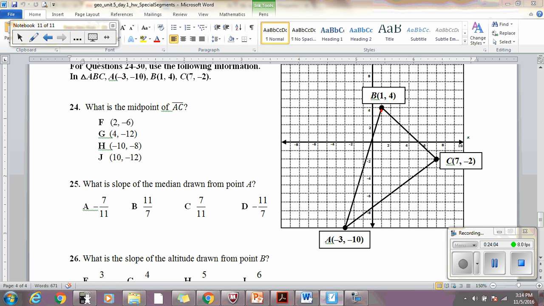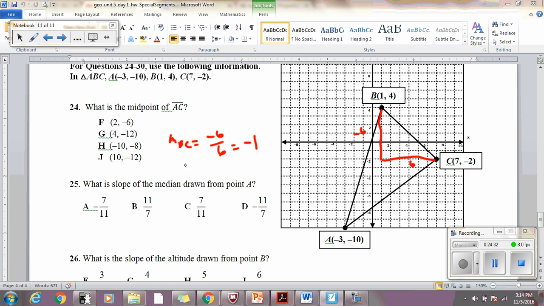So I go down 2, 4, 6. So that's a negative. And go over 2, 4, 6. So the slope of BC is negative 6 over 6, which is simply negative 1.